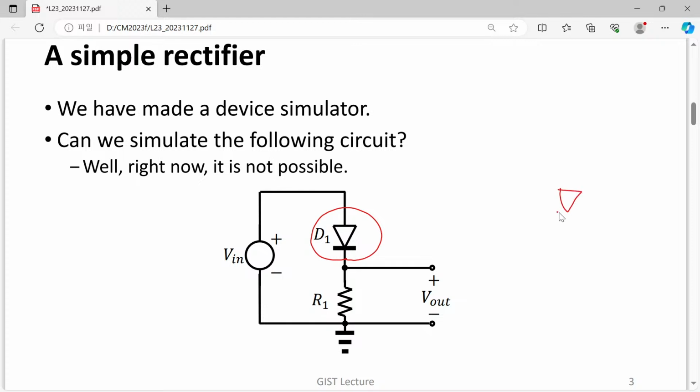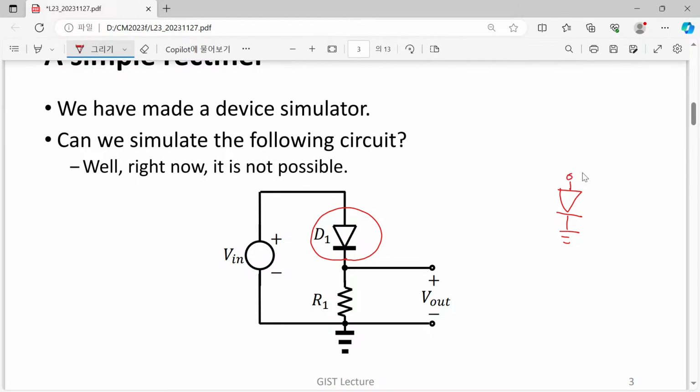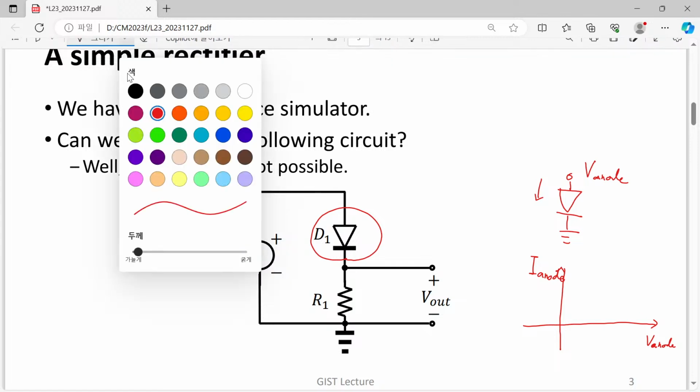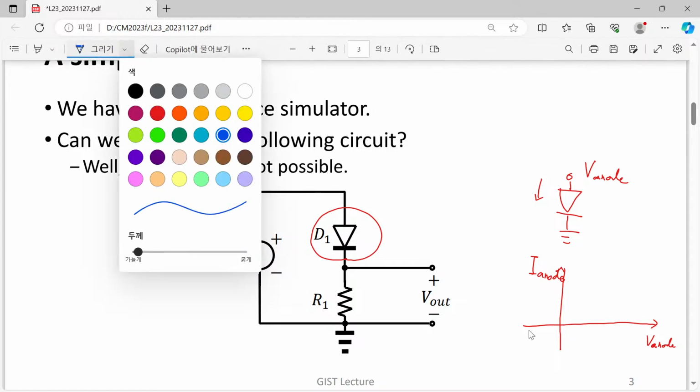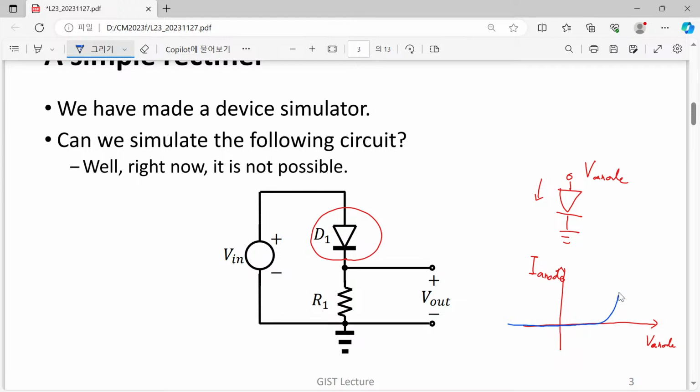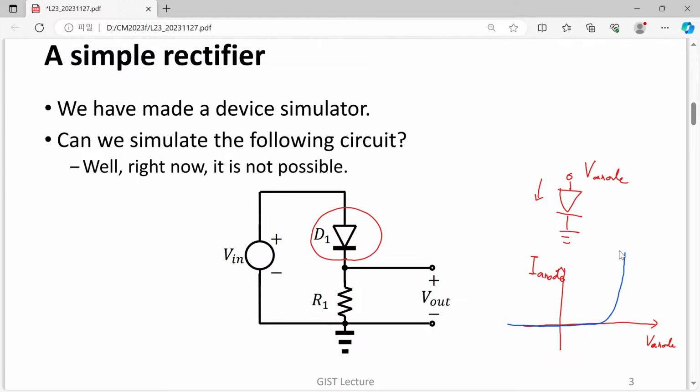When we have D1 and apply a certain bias voltage to its anode, then we can calculate the DC current. You have already done it. The x-axis is anode voltage, and this is anode current, and what you get is something like this.